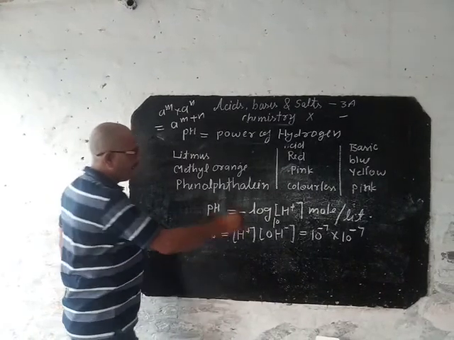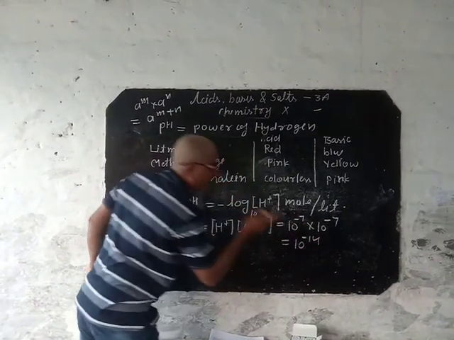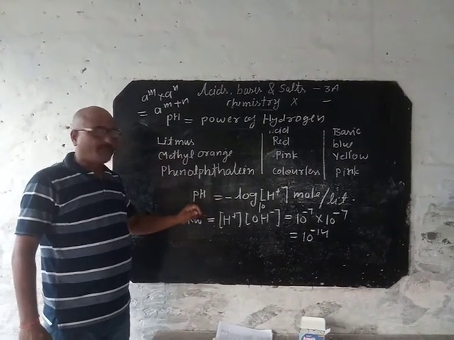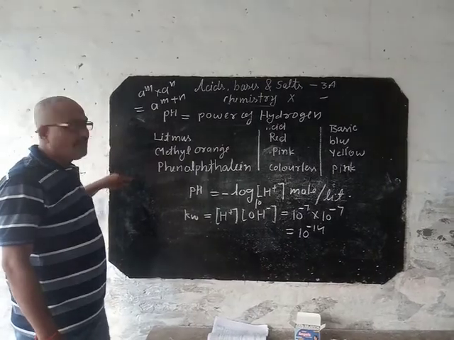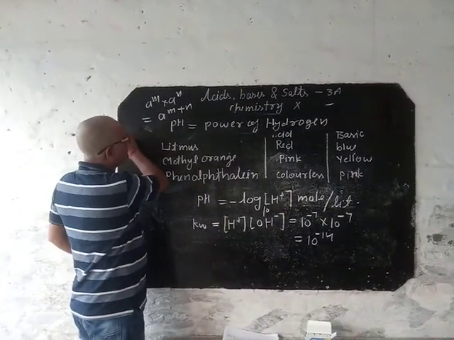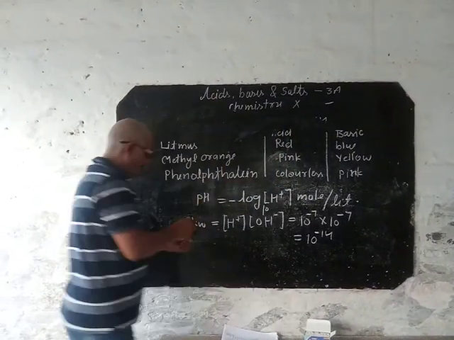So that will be 10 to the power minus 14. It means that the pH of any solution varies from 0 to 14.